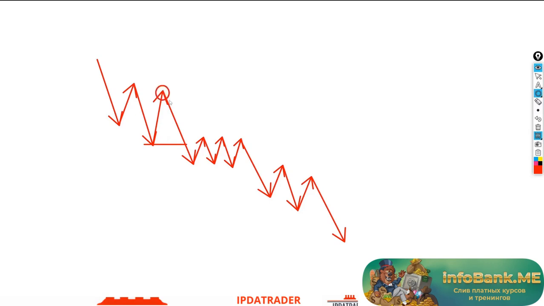Which, in this case, is this. And if we look closely, we can see that this up move actually mitigated this previous structure right here, right? So now we can actually deduce and understand that the interest in this market is sitting right here, right?